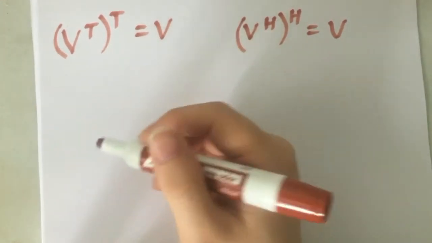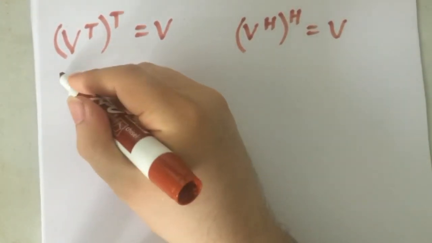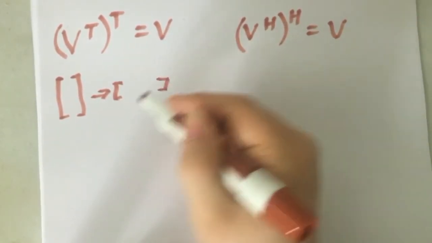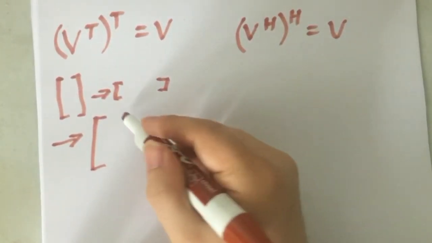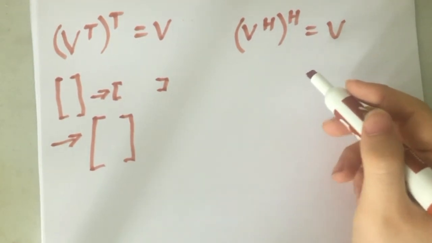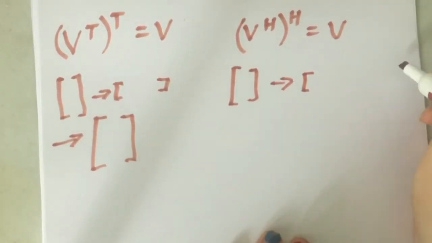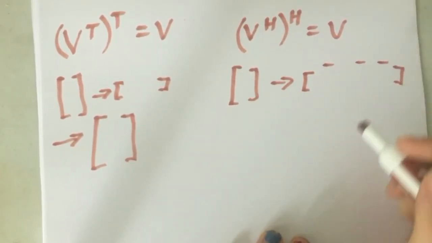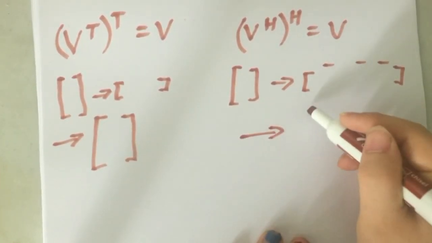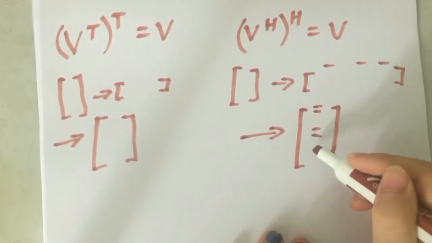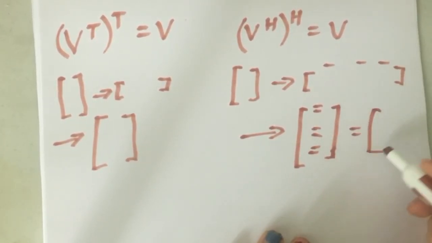This case is rather trivial. You're just taking that thing, turning it into that thing, and then turning that back into the first thing. Over here, it's a little bit less trivial. You're taking this and turning it into that with bars over all the elements, but then you will double bar them, which is just equal to the regular.